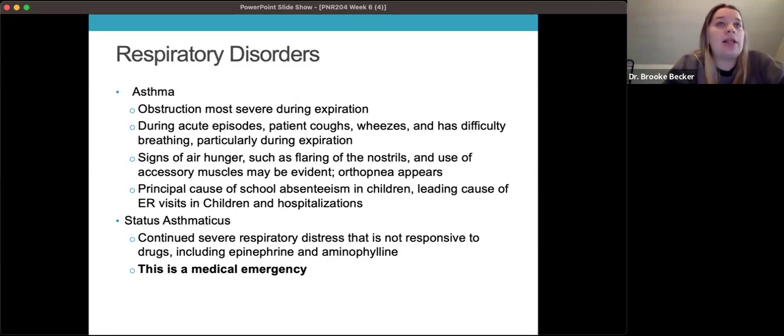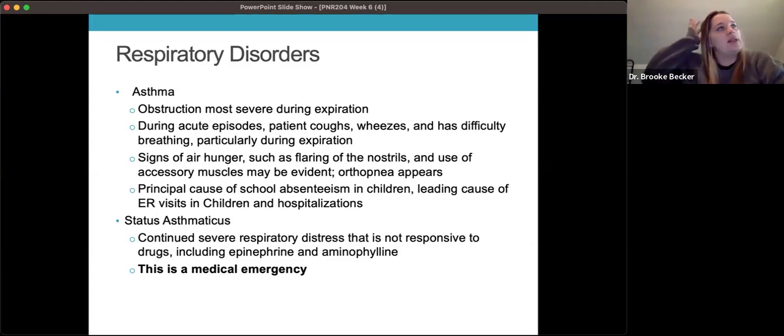Typical treatments for asthma are going to include inhalers. There's short-acting inhalers and long-acting inhalers. Your short-acting are more like your rescue inhalers, so albuterol. Your long-acting inhalers are going to be something like Pulmicort, so budesonide, which has a steroid as well as a quick-acting component.